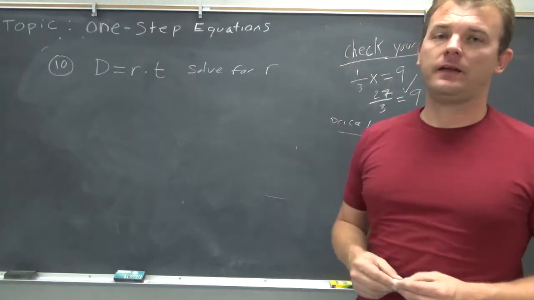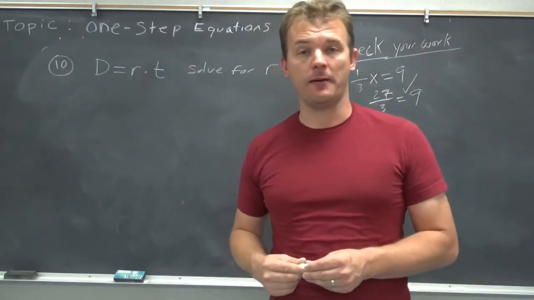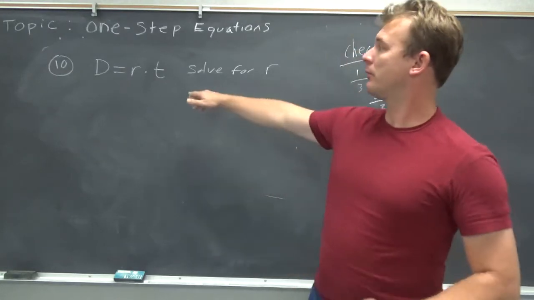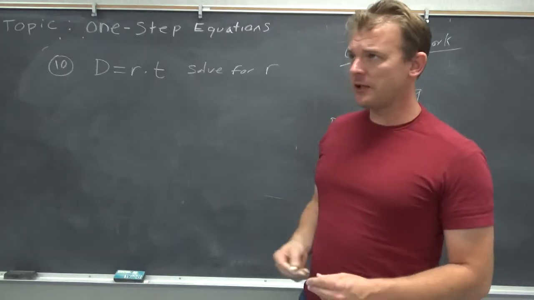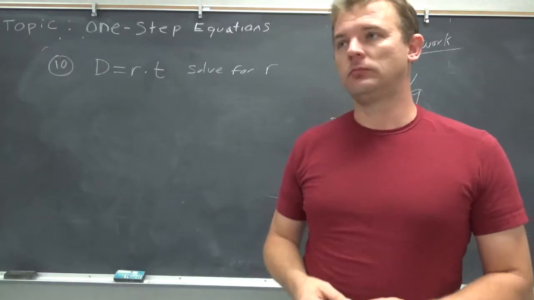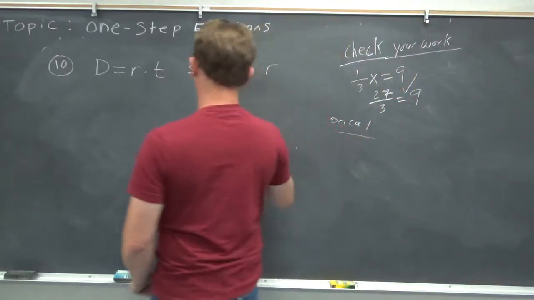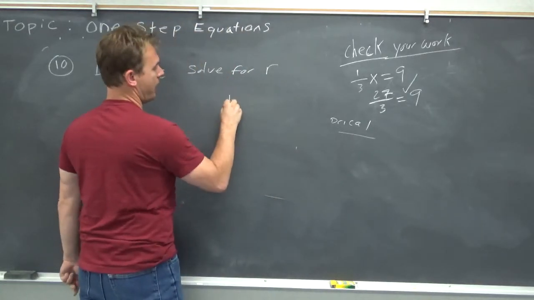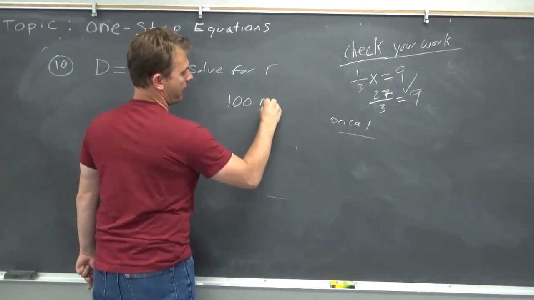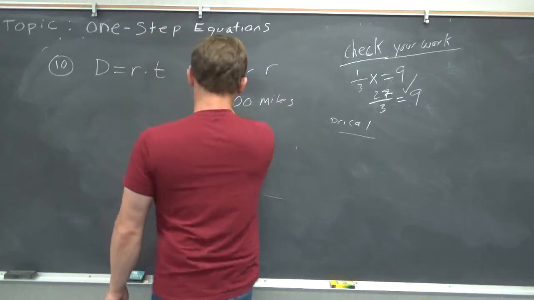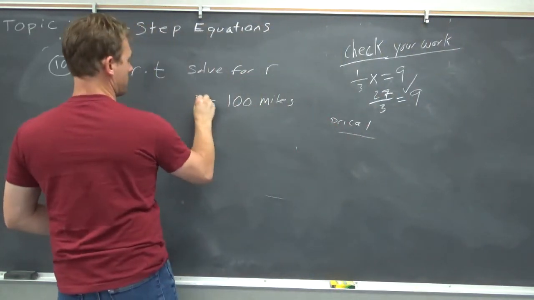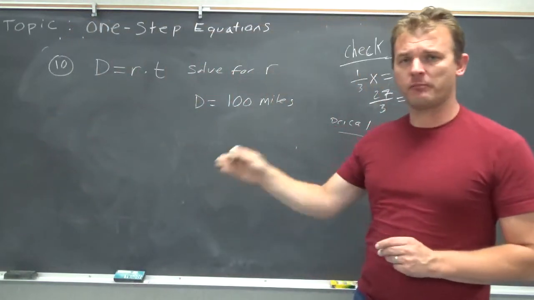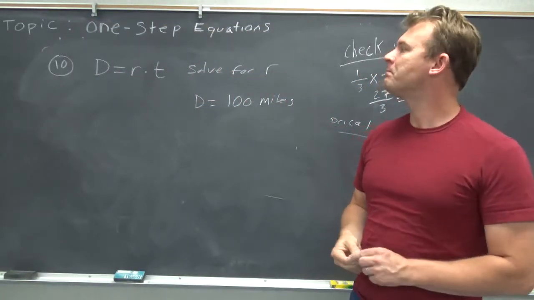This is called distance equals rate times time. So I'll give you a little preview of this equation. Let's say you're going on a trip, hopefully soon, and I am 100 miles away from it. So that's my distance. I'm 100 miles away from where I'm going.